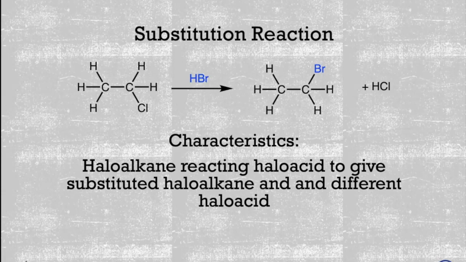The byproduct of the reaction is hydrochloric acid. So a characteristic of this reaction is a haloalkane reacting with a haloacid to give a substituted haloalkane. All that's happened, just as we've said before, with a lack of creativity in the name, is simply swapping one halogen for a different halogen.